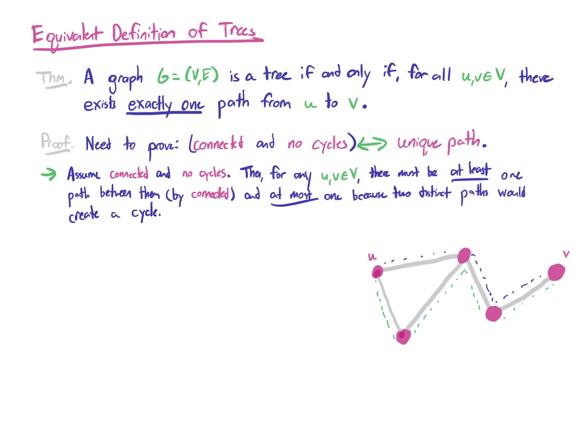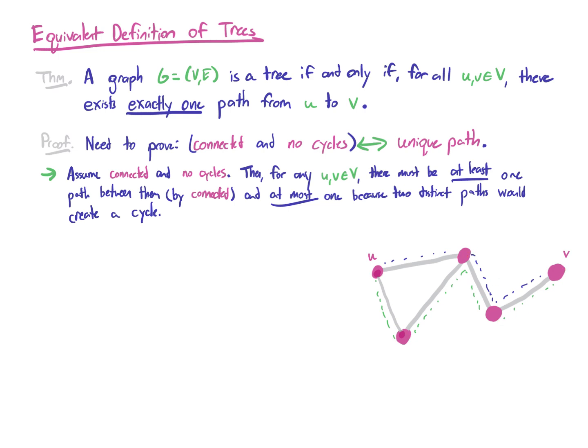Now, this is a little bit tricky, the idea that two distinct paths would create a cycle, and it's actually something that we can prove separately. It's a little bit nicer to look at it as a picture, though. So if we look at the picture here with the two distinct paths that we drew, the blue path and the green path, together they are not a cycle, because a cycle is a path and they have some repeated edges here if I tried to do one after the other.